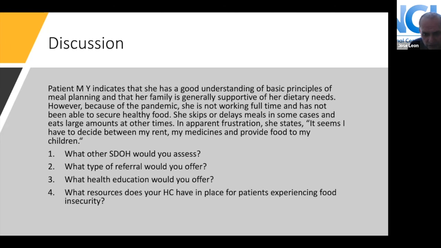Now, in regards to education and referral to diabetes self-management education and support programs, that's extremely important as well. In addition to addressing all the social determinants of health, we need to make sure that the patients understand the diabetes, the complications, and the basic information that they need.